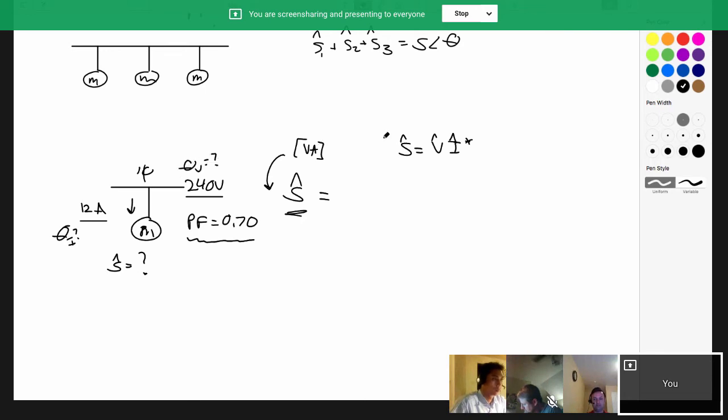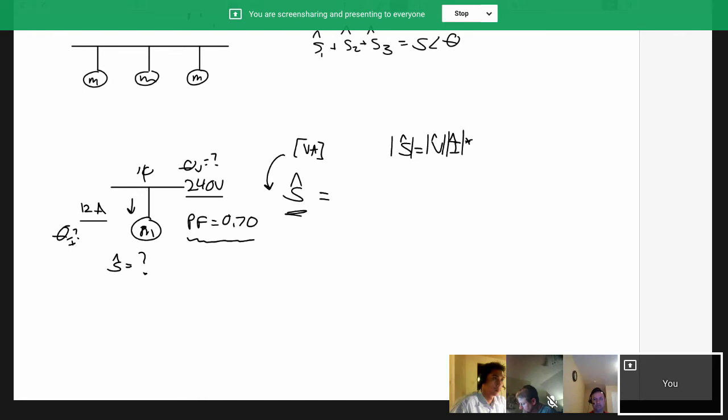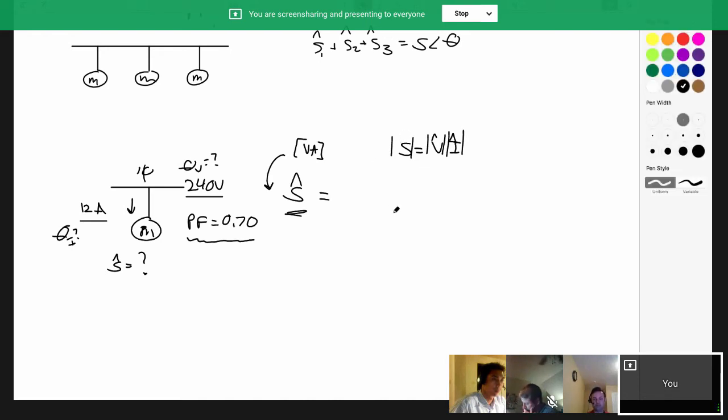So how about this? Can't we just use the magnitudes to solve for the magnitude of power? Would there be anything wrong with that? Could we say that the complex power would be the magnitude at our angle, where we can get our angle from our power factor?